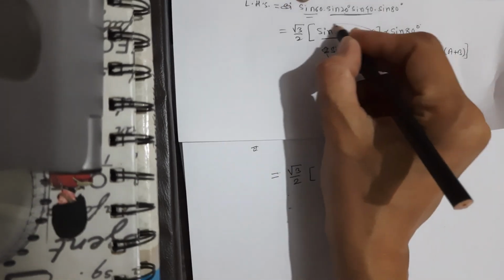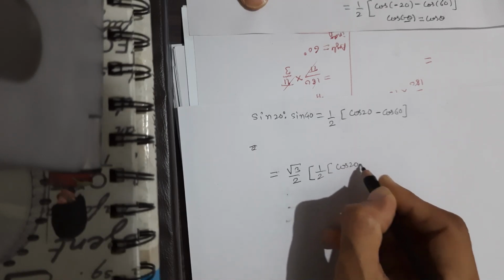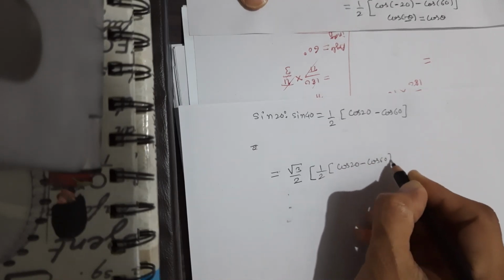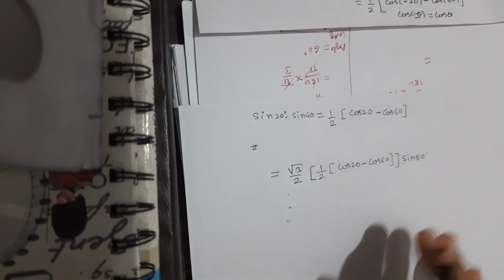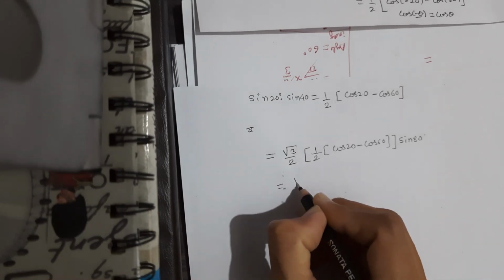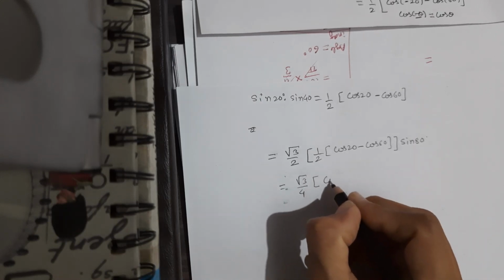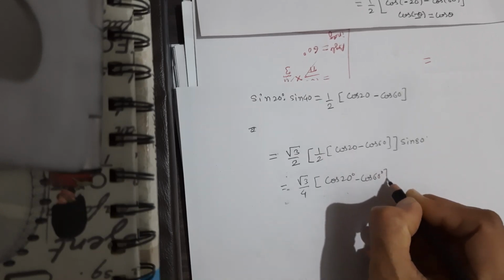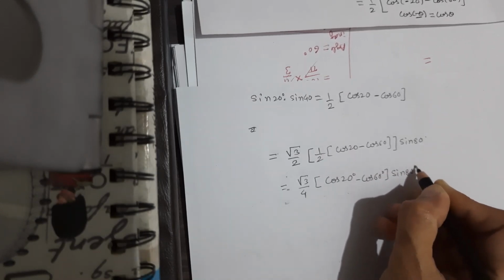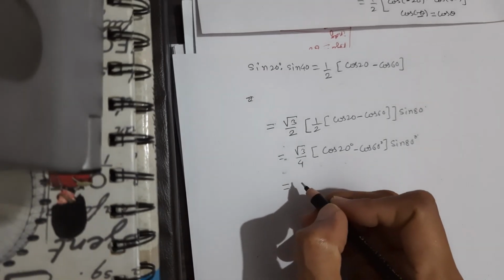I'm replacing with the value I got: 1 by 2 into cos 20 minus cos 60, multiplied by sin 80. So I get root 3 by 4 into cos 20 minus cos 60 into sin 80. Now let's just open the bracket.